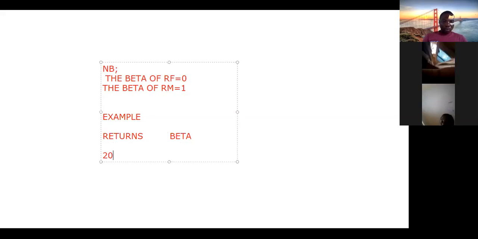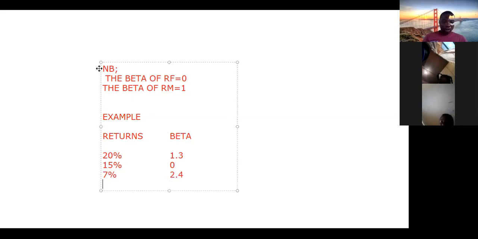You have one return to be 20%, and then you have beta to be 1.3. You have one return to be 15%, and then you have beta 0. Then you have one return to be 7%, then you have 2.4. You have one return to be 35%, then you have beta here to be 1.0.